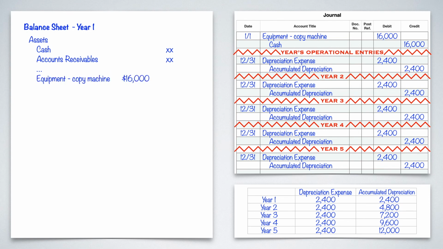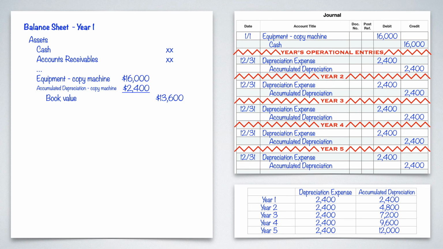That's my cost, and remember, I keep it at what I paid for it. But I'm going to take away the accumulated depreciation. For year 1, under accumulated depreciation in the table, we have 2,400. So I will subtract 2,400, and that's going to give me a book value for the copy machine of 13,600.